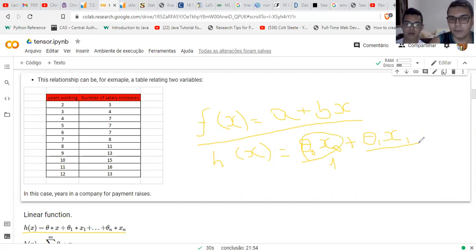The one we are looking for is theta 1. We are trying to find these thetas so that we can find the line that best fits this data set. In school, there is a name for them: the x-intercept and the slope.